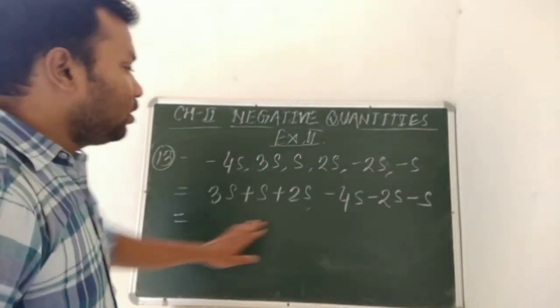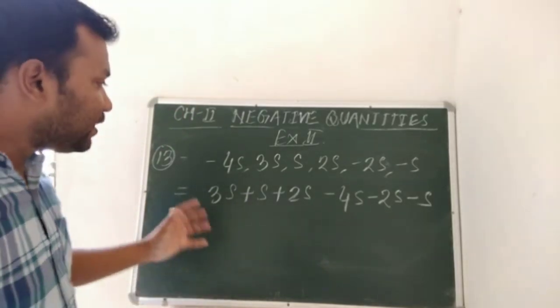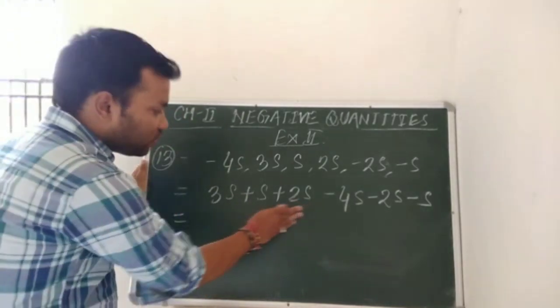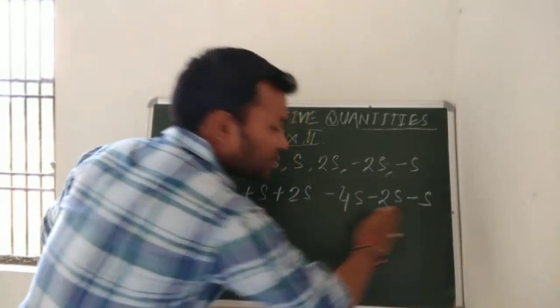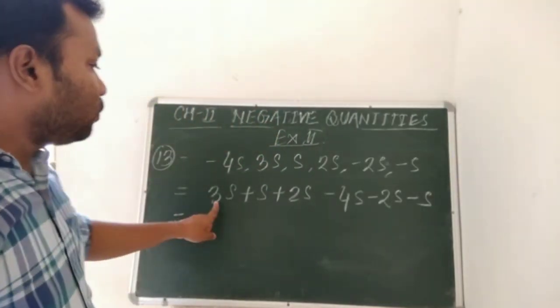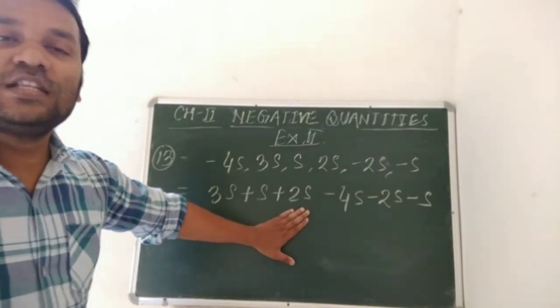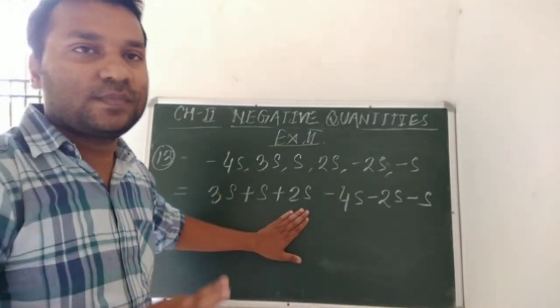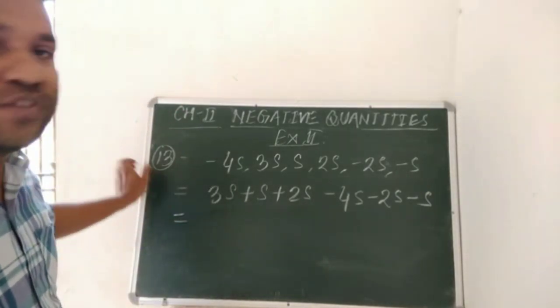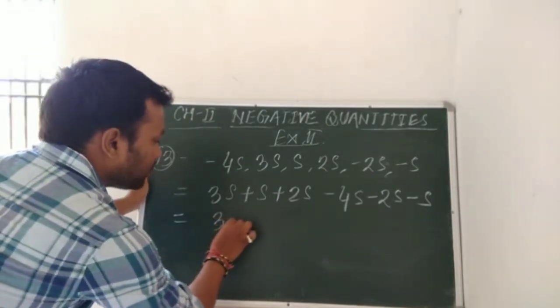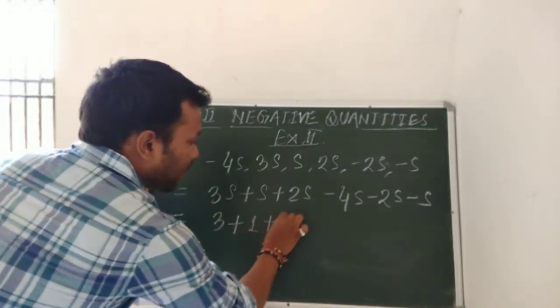Now we can see clearly that we have some positive terms and some negative terms together. To find the sum of these positive terms, we will just apply our previous rule. That is, we will first add the coefficients. What are the coefficients here? 3, 1 and 2.